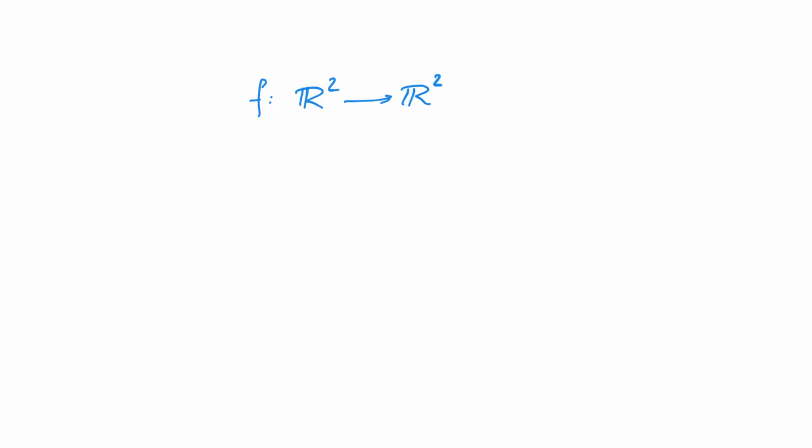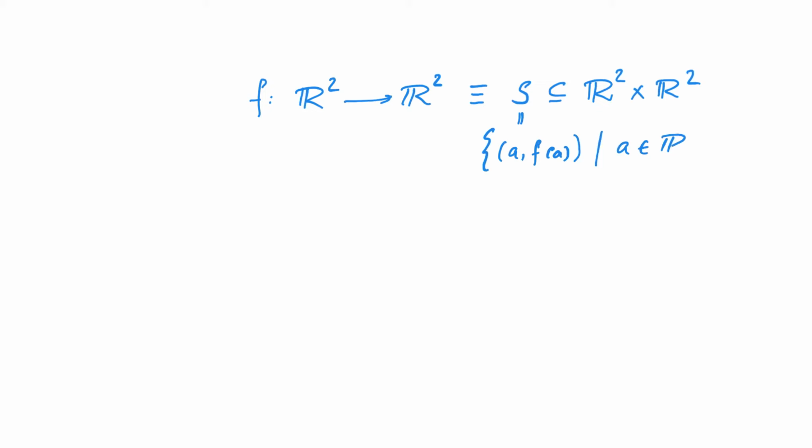Now, from the abstract definition of function that we saw earlier, such a function f is a set S that is a subset of R2 cross R2. And this set S will consist of all pairs (a, f(a)) such that a belongs to R2.